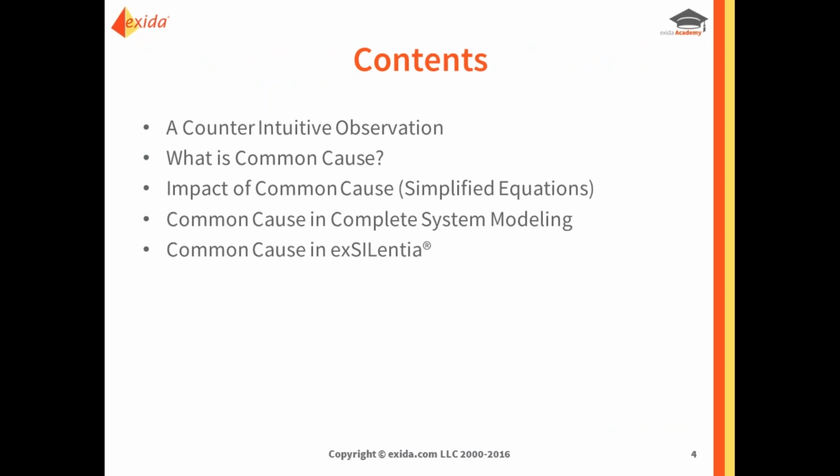So today, there's a couple of things that I'd like to talk about. First off, when we talk about common cause, every now and then we may run into a counterintuitive observation. In other words, probability of failure on demand goes down when beta is increasing.